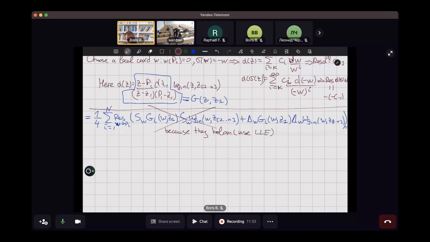Okay, and then let me rewrite the quadratic loop equation in terms of S and delta. The quadratic loop equation in terms of S and delta looks as follows.